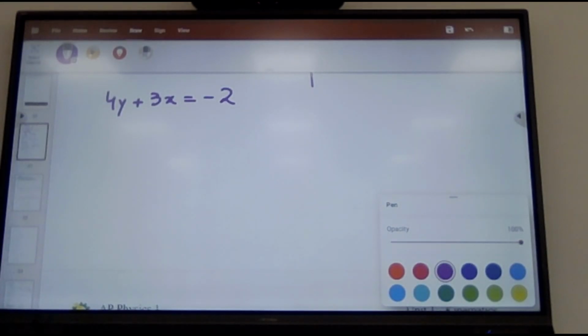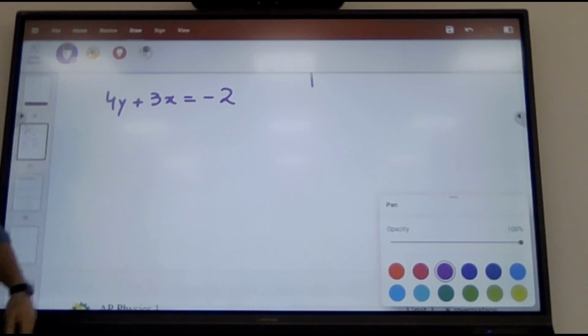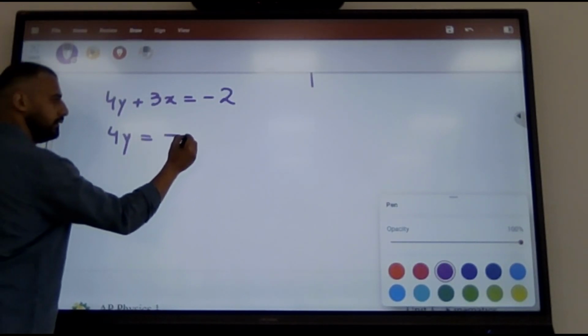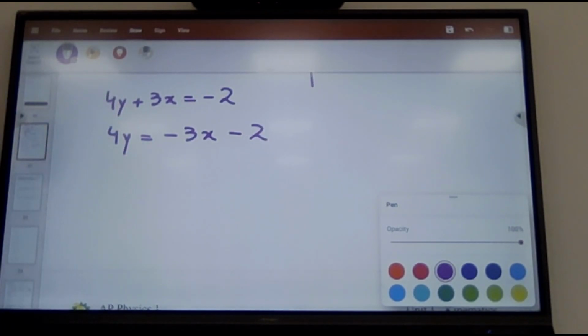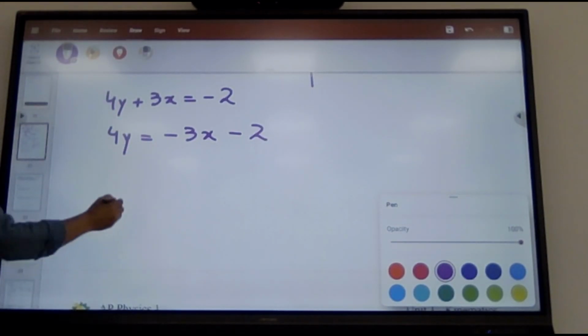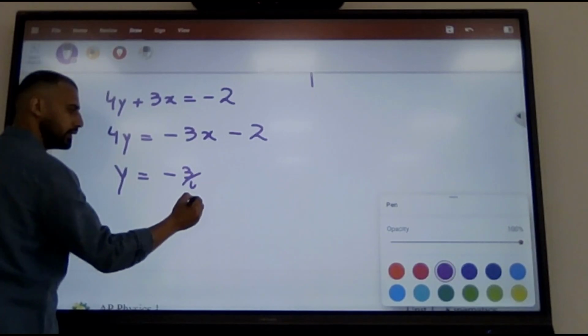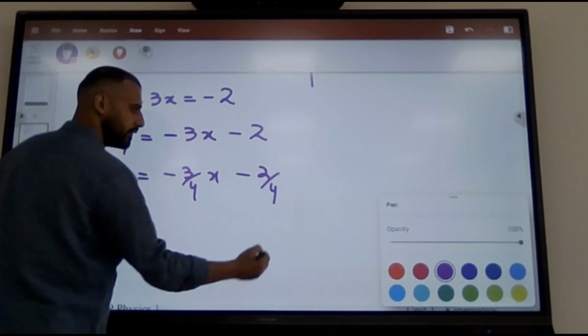How do you plot it? Oh, very good. So the next step would be something like this. And then divided by 4. So y would be equal to negative 3 upon 4 times x, negative 2 upon 4. Is that fine?